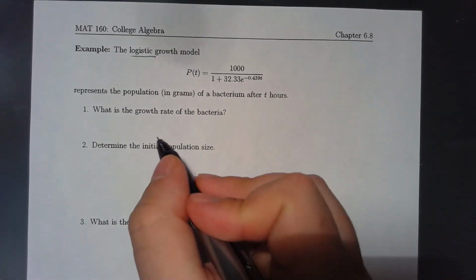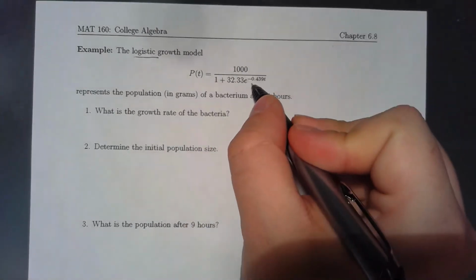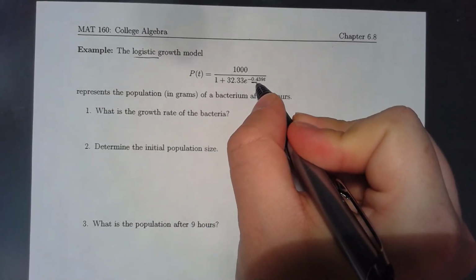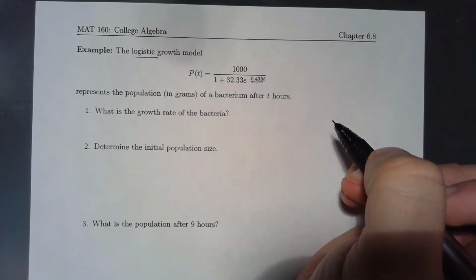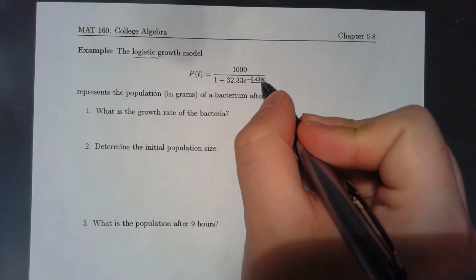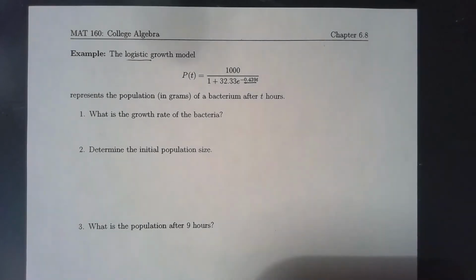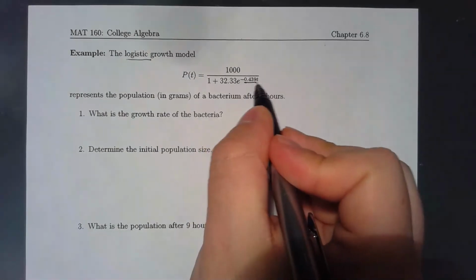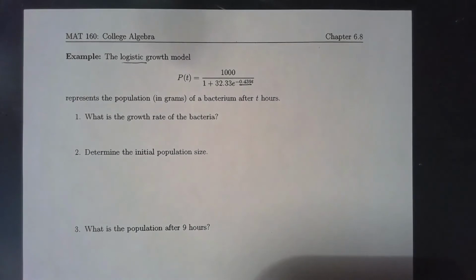So what is the growth rate? Well, the growth rate is this value right here. All right. The growth rate is the value that you see right in front of the t variable.